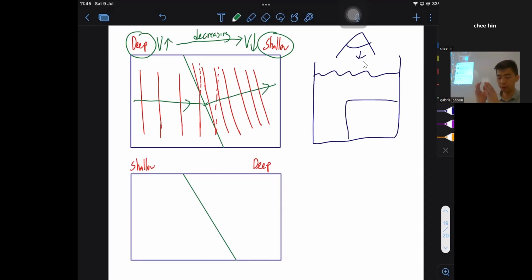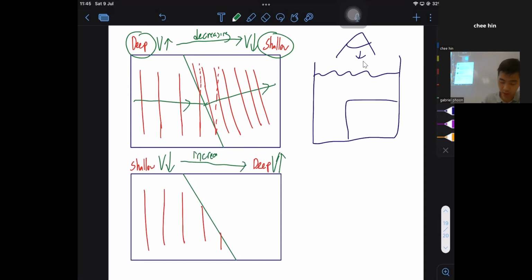Okay. What about if you go from shallow into deep? If it goes from shallow into deep, let's say the same example here. Shallow. I know for a fact that the velocity here is lower, the velocity here is higher, right? This is to say coming here to here, the speed is actually increasing. If the speed is increasing, yet again, by right, the wave should have been a straight line like this.